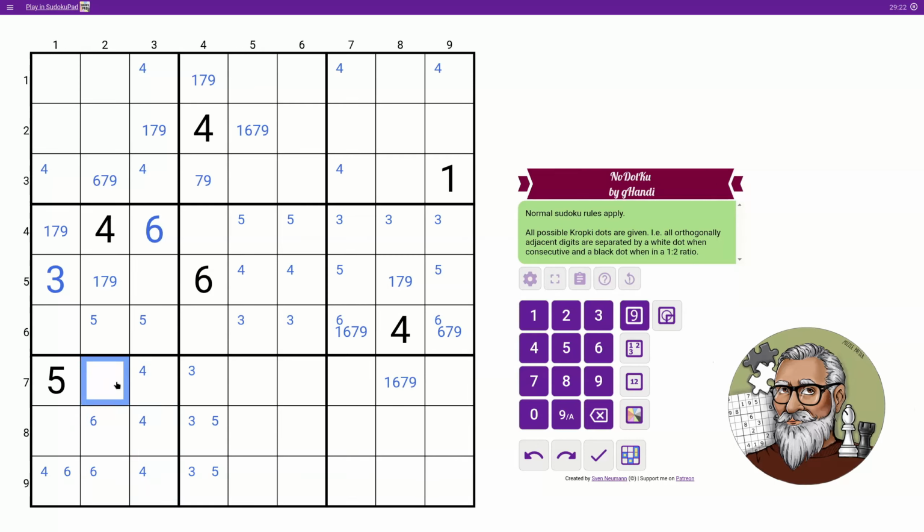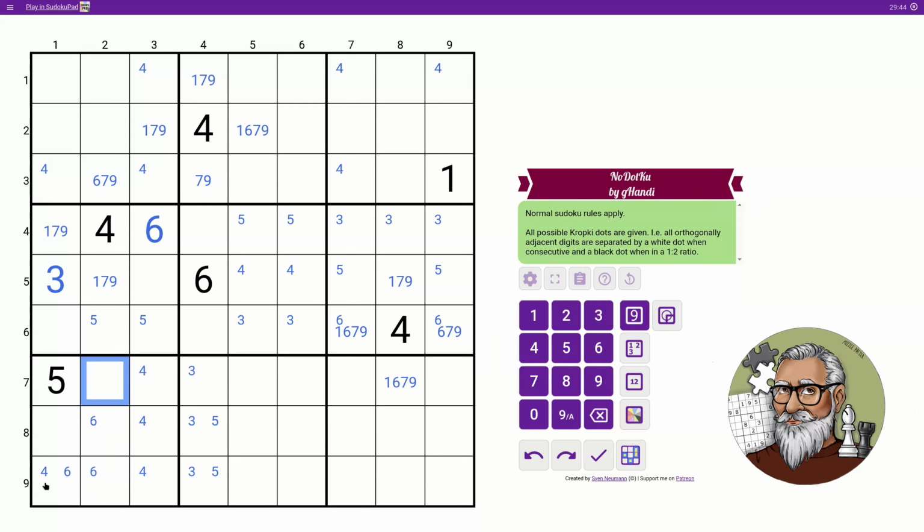So if this is 3, then one of those is 4. But these are 3, 5, and that doesn't work. Same here. If this is 3, then no, not one of these is 4. This could be 4. Let's do the same problem.